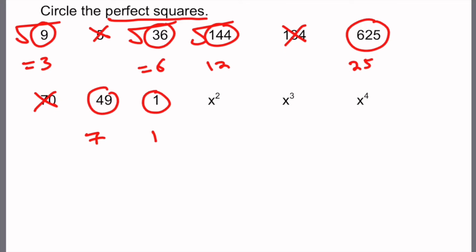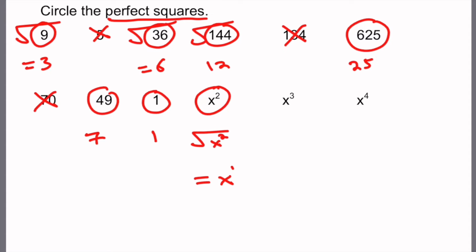Okay, these last three are a little bit different, but same idea. These last three are variables, but same thing. You have to be able to square root it and not get a decimal. So x squared actually is a perfect square. Because if you square root x squared, you end up with just x, which technically has an exponent of 1, you just usually don't write it, right?